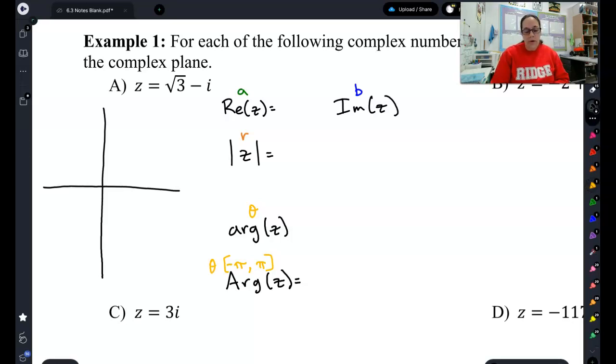So let's start by graphing this. We have our real part is square root of 3, and our imaginary part is negative 1. So we're going to graph this as square root of 3, comma, negative 1, right there.